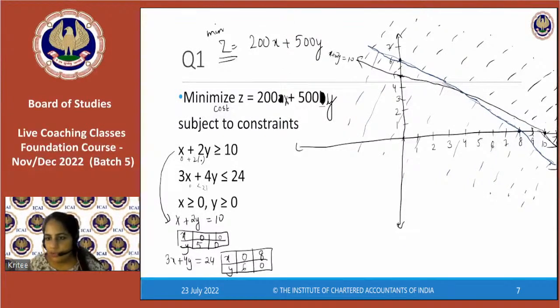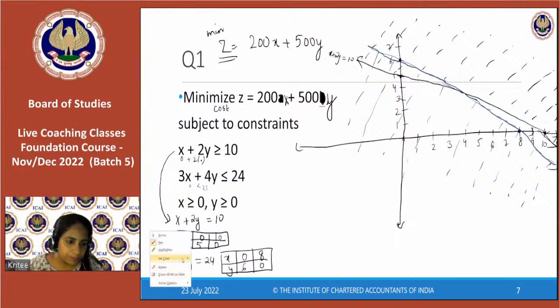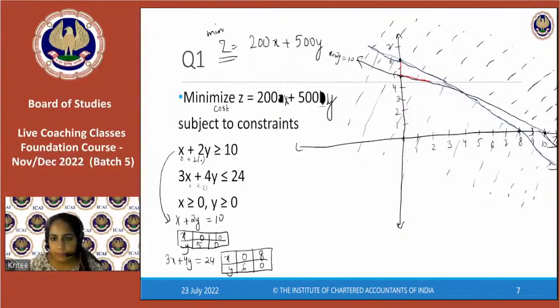If you see, there is no commonality here, but this region is common between both the lines.